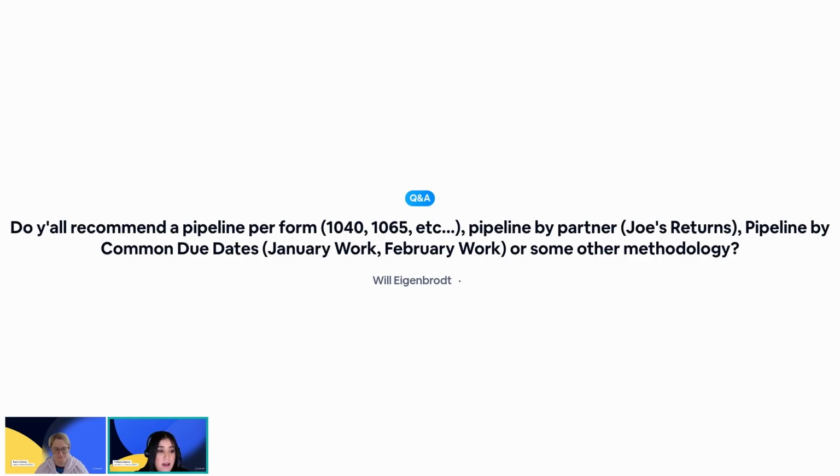Now, I suggest that once you finish that 1040 pipeline or that T1 for our Canadian firms or whatever pipeline, doesn't matter if it's a tax return or not, and you want to do something similar but for businesses, right? Then when you complete that pipeline, duplicate it and then just tweak it a little bit so that the right engagement letter gets sent out, the right organizer gets sent out.